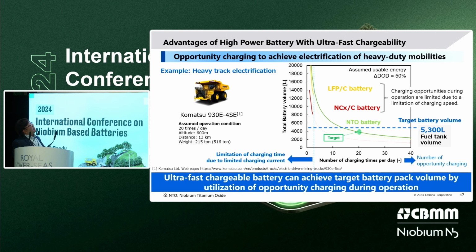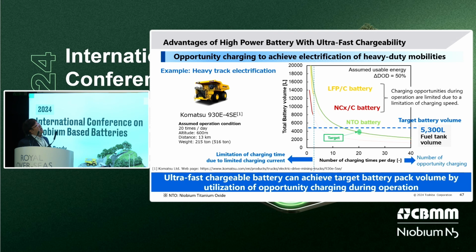I will show you an example of heavy truck electrification by using Komatsu 930E as a model case. And we calculated the relationship between total battery volume as a function of number of charging times per day. This means the number of opportunity charging during operation.